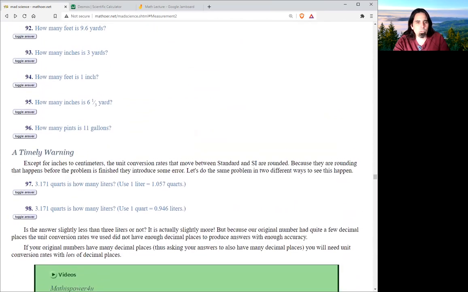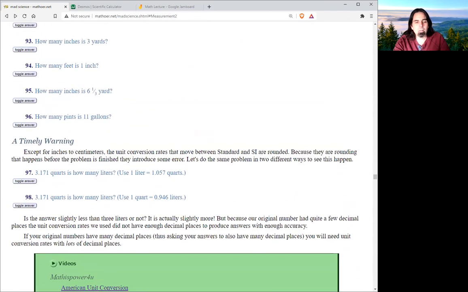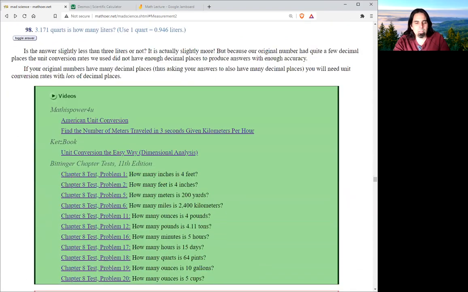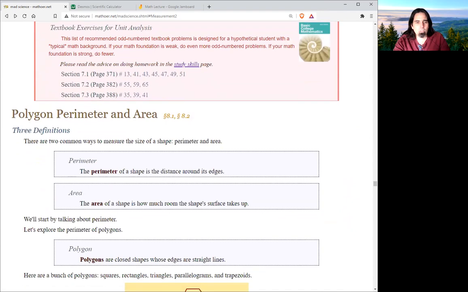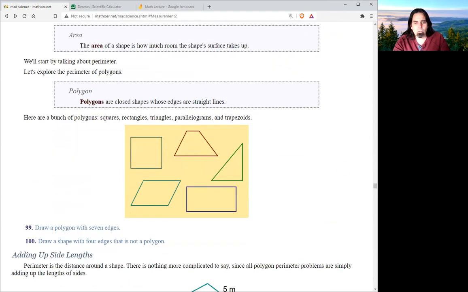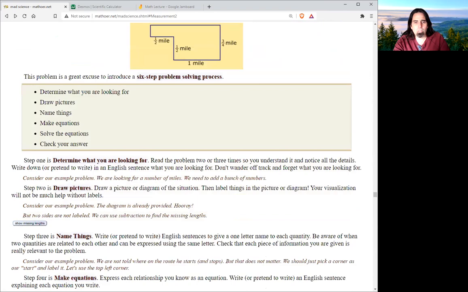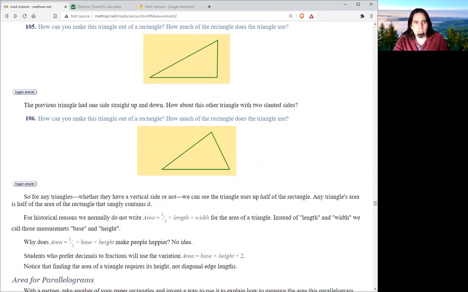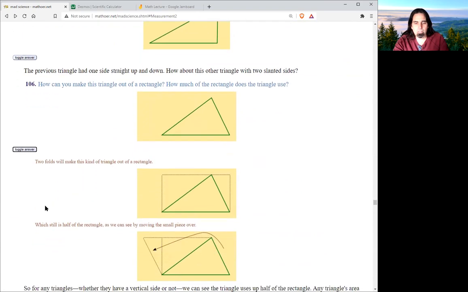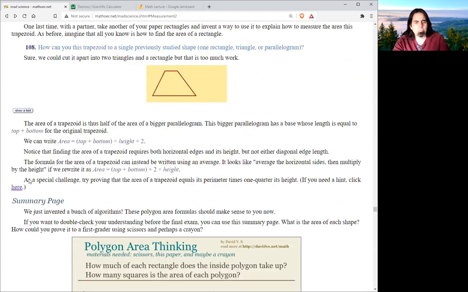We can certainly do more of these if we need to, but let's not right now because we did a bunch of review already. Then we talked about polygons and all that stuff we just did, where we took these shapes and cut them apart in different ways and found the formulas.